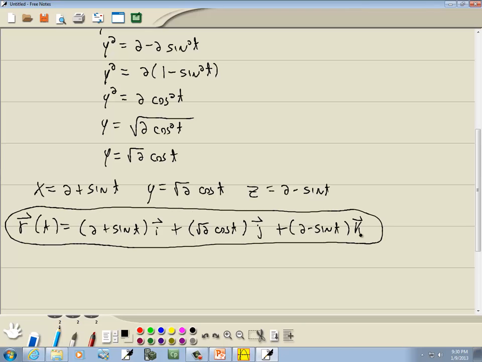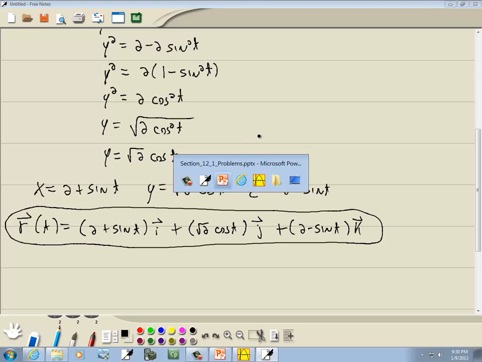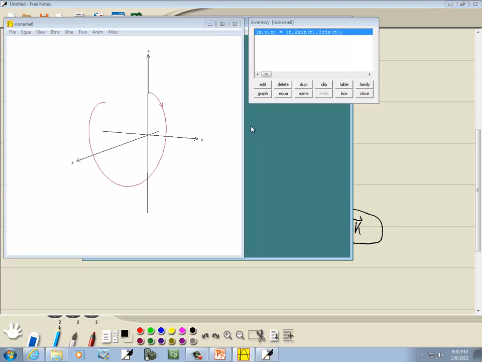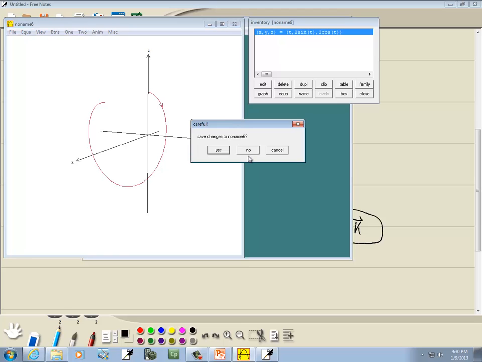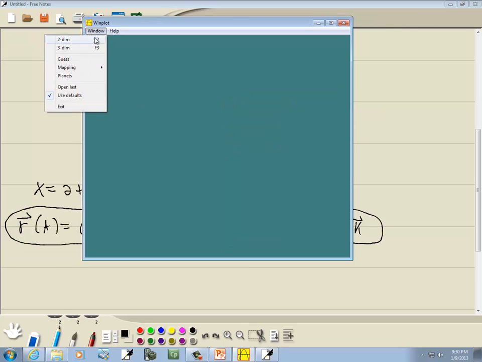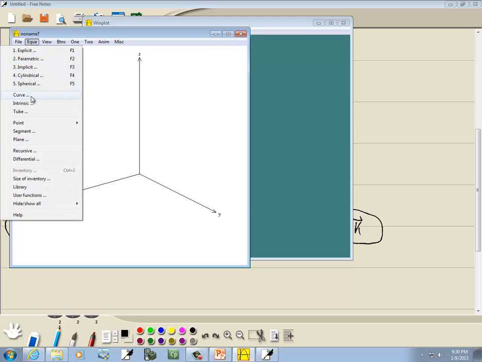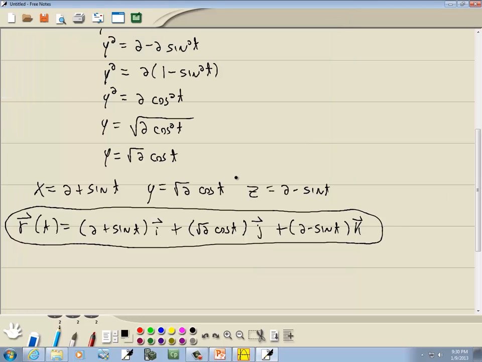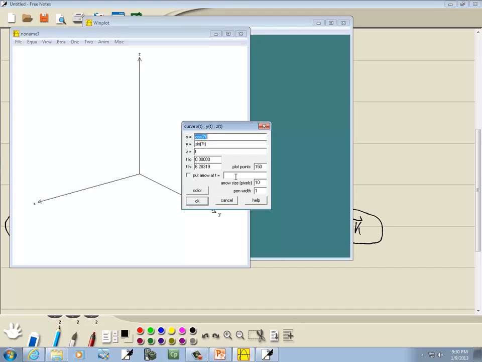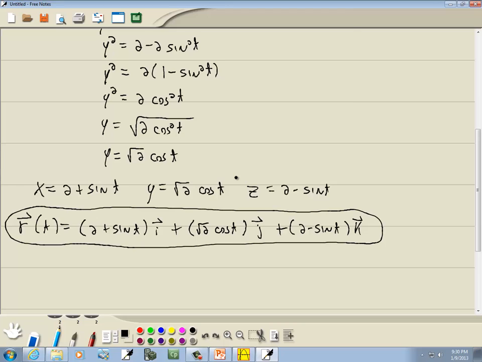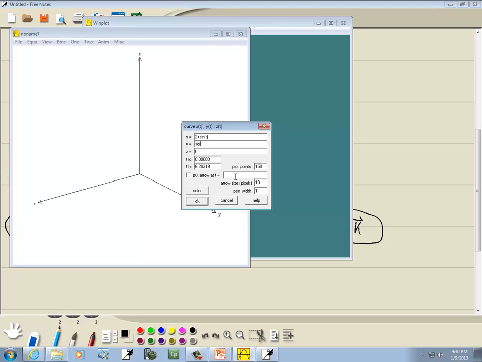Okay, well, let's graph this. I'm going to close that and do a window, 3 dimensions. Do equation, choose curve. What did we say x was? 2 plus sine t. Y is equal to the square root of 2, so sqrt, beginning parenthesis 2, closing parenthesis, times cosine t.